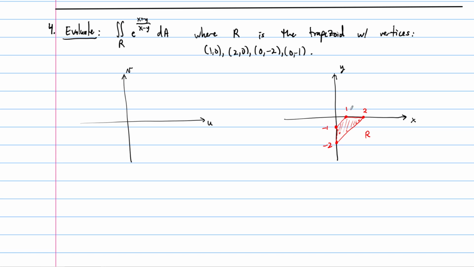Let me write the equation here. This one has a slope of positive 1 and an intercept of negative 1, so this is y equals x minus 1. Same thing with this one: a slope of positive 1, but an intercept of minus 2. So this is y equals x minus 2.